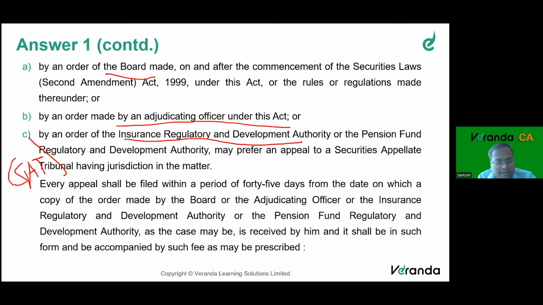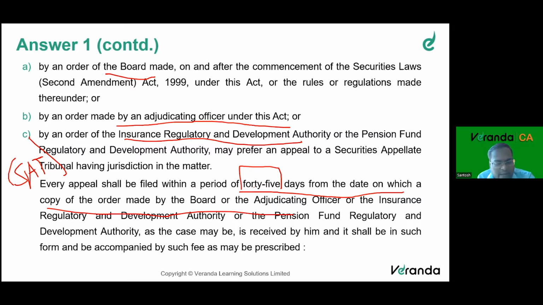When can they place a request to the SAT? The time limit is 45 days from the date on which the order is received from any of these three parties. How many days? It is 45 days. This is the most important one, because even after 45 days, if you want to go, sometimes the SAT might say you have already passed 45 days.